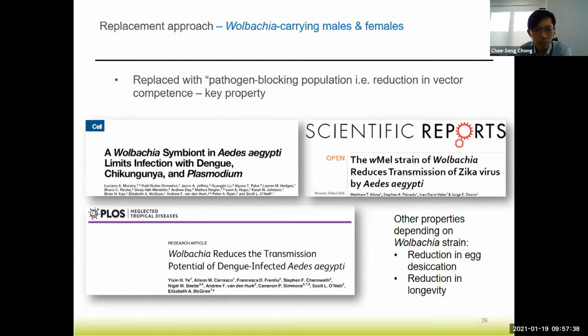So this key property is very important because essentially you're trying to replace a disease-transmitting population in your environment with a pathogen-blocking population, such that your ultimate vector population has a reduction in vector competence, and subsequently that will lead to a very low level of transmission in the community itself.